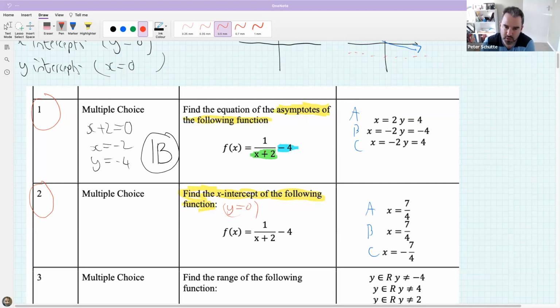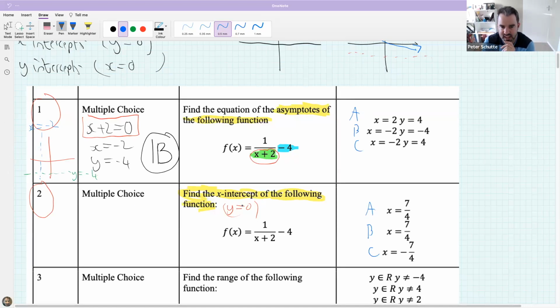The first asymptote we get by making sure that this denominator is 0. So x plus 2 has to be 0 in order to be undefined and have the asymptote. I solve for x, and I get x is -2. The other asymptote is just going to be the number that comes after the fraction, so y is -4, and this one over here was x is -2.